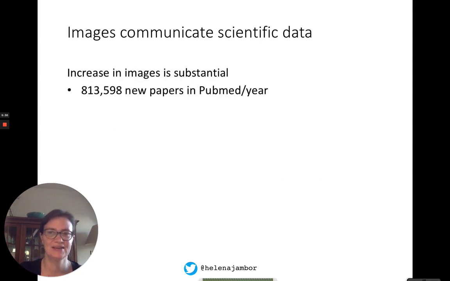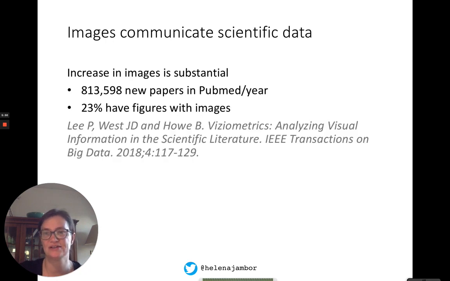What also has increased massively is the number of publications. So around 800,000 new papers are published or indexed in PubMed every single year at the moment, which means every day we get 2,000 to 2,500 new publications that are appearing, and someone will have to read them. And around 23% is an estimate. 23% of these publications have figures with some kind of images.